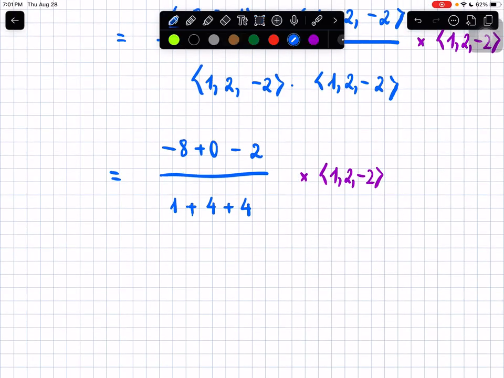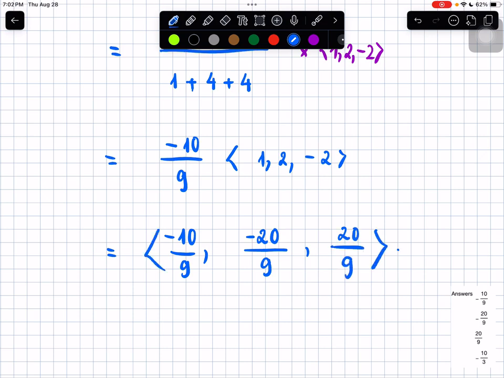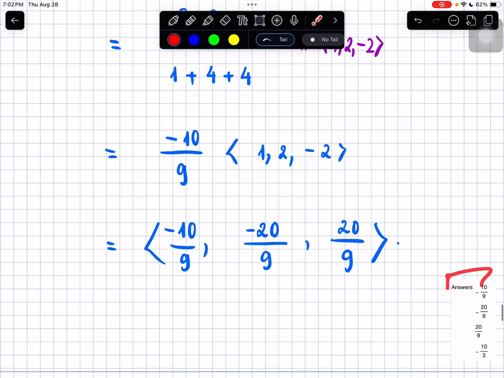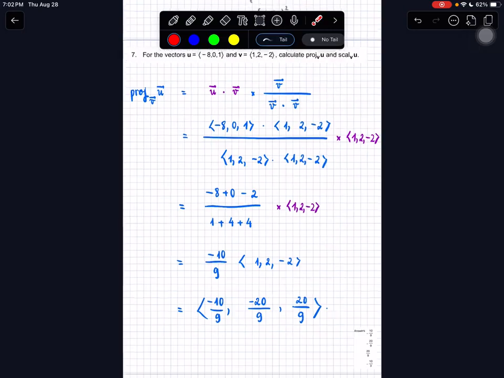So minus 10 divided by 9, times (1, 2, -2). That gives minus 10 divided by 9, minus 20 divided by 9, and 20 divided by 9. So that is the projection, and this is the correct answer I have. Perfect. So that is the projection.